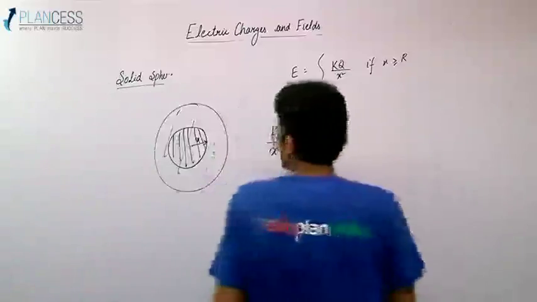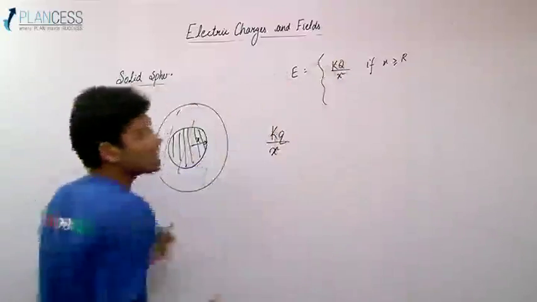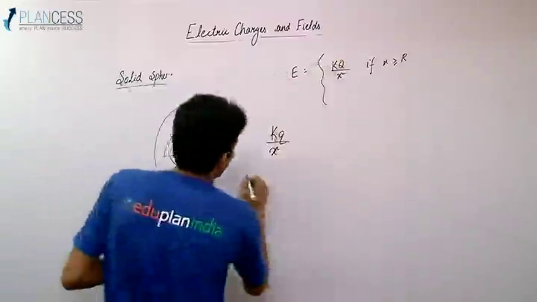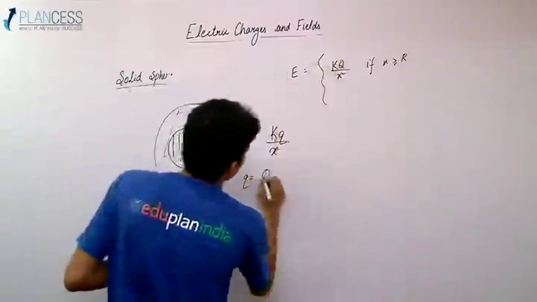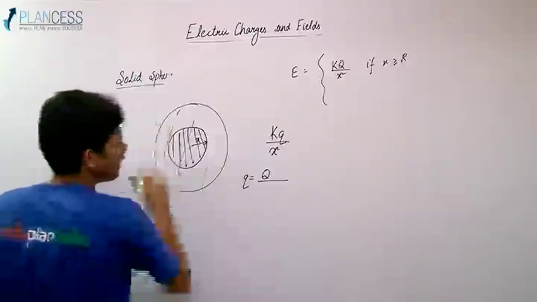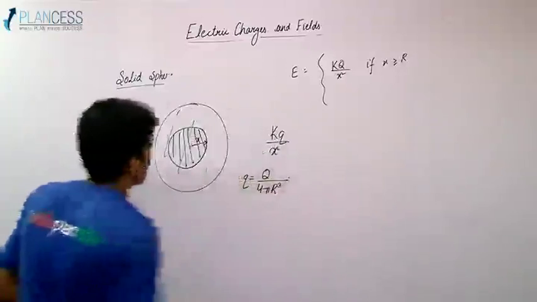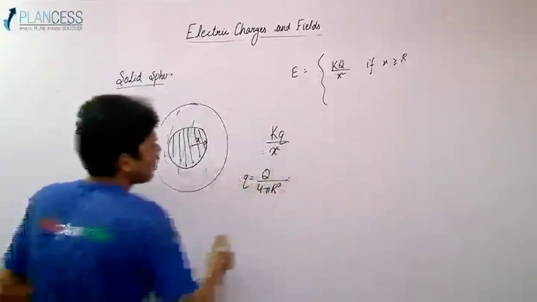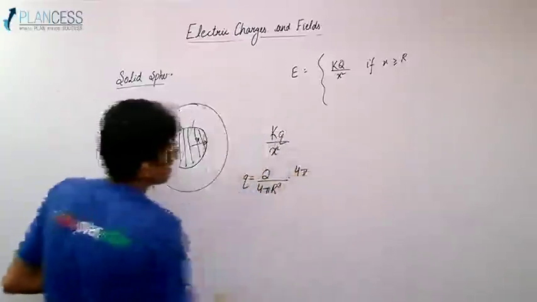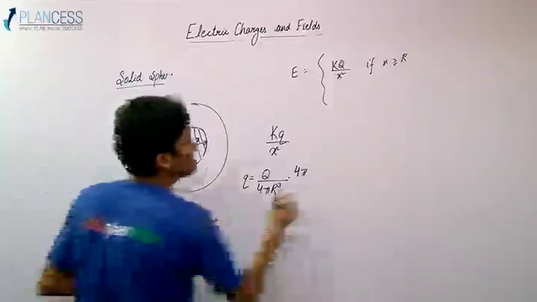Since the charge q is uniformly distributed, we can write this small charge as q upon 4 pi r cube into 4 pi x cube.